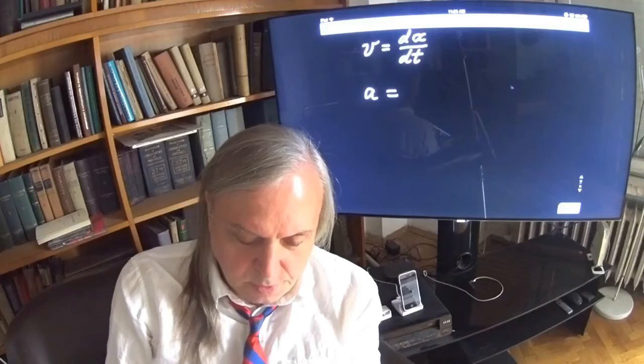Say the definition of velocity, v equals dx over dt. Or the definition of acceleration, a equals dv over dt.